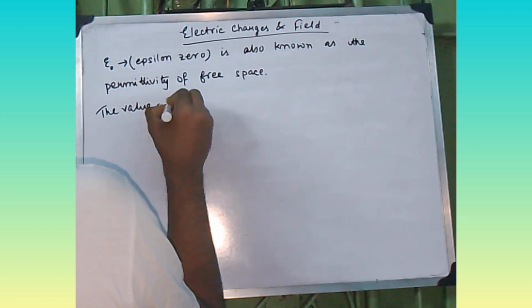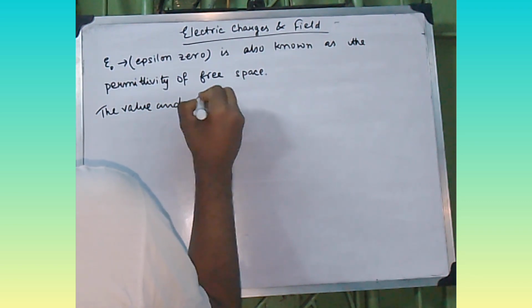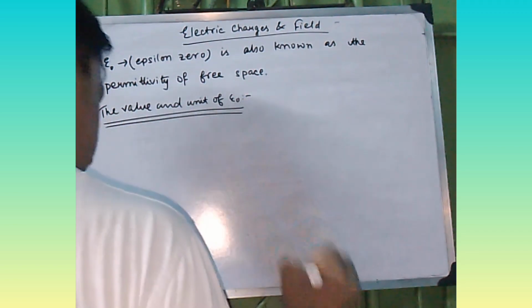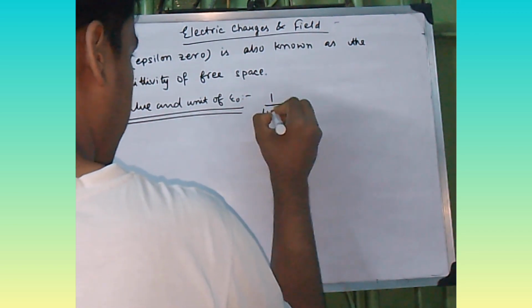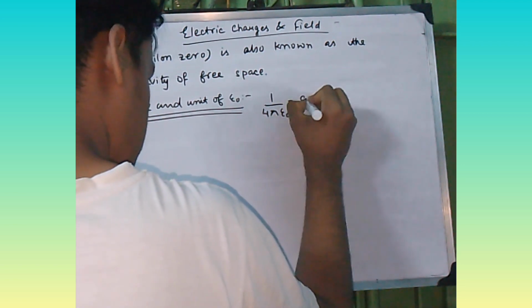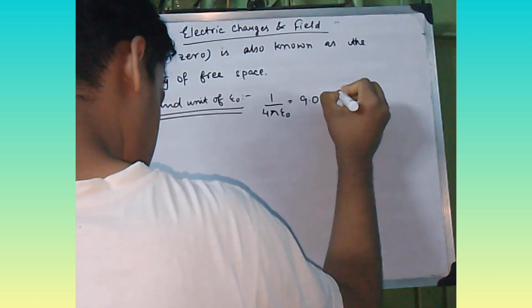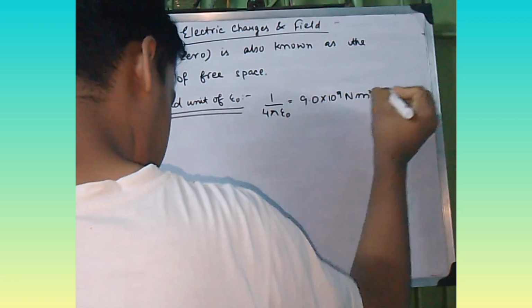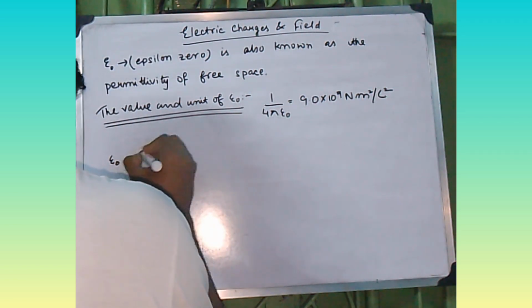By this, we can find the original value and unit of epsilon naught. We know that 1 divided by 4 pi epsilon naught equals 9.0 into 10 to the power of 9 Nm square by C square.